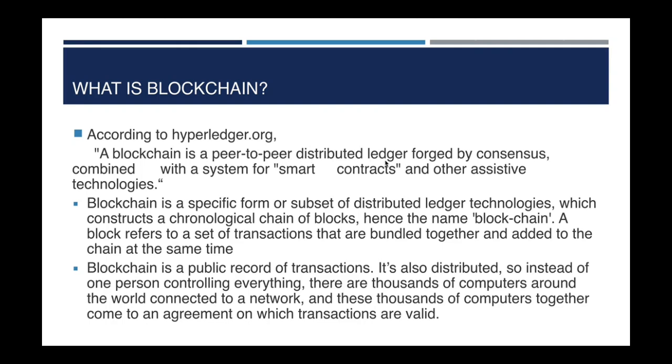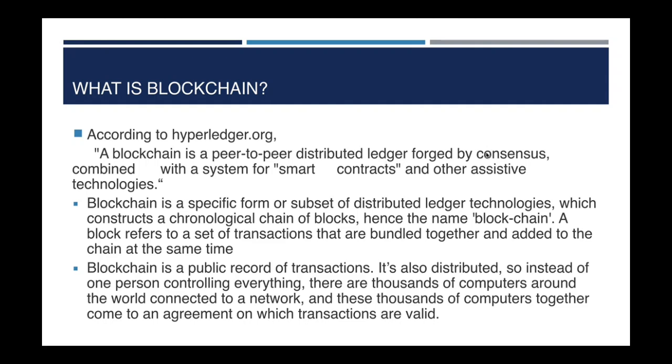It means it doesn't have to deal with a single server, so it is peer-to-peer. There is no single central authority. All transaction data of the system will be available with each peer, as we have seen in the decentralized model in the previous picture.